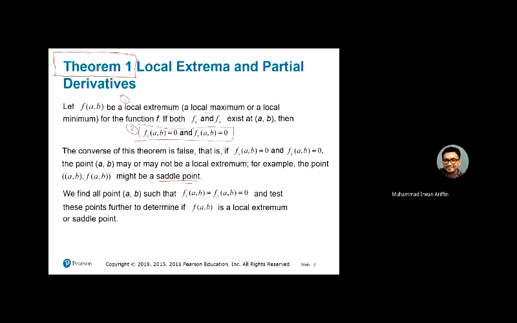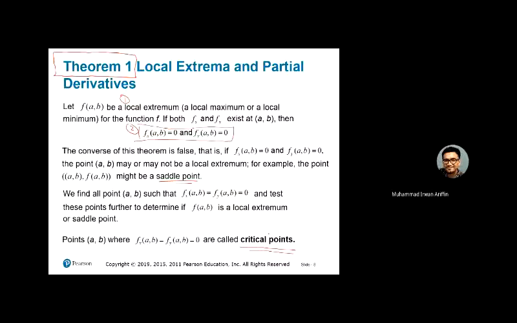So there are two steps. First we need to find all the points, and then we need to test the nature of all these points. All the points where the partial derivatives, the slopes of the tangent lines, are 0 are called critical points.